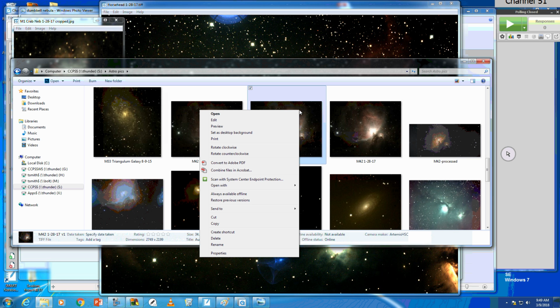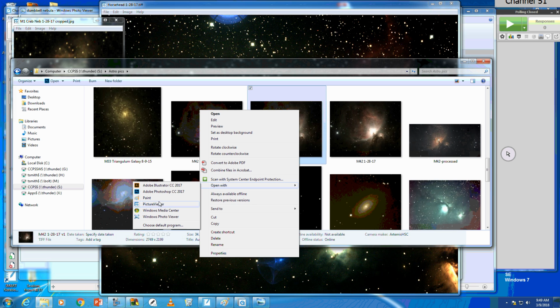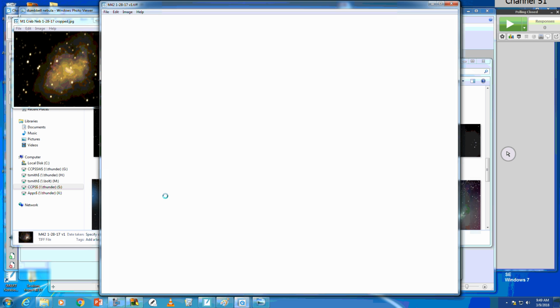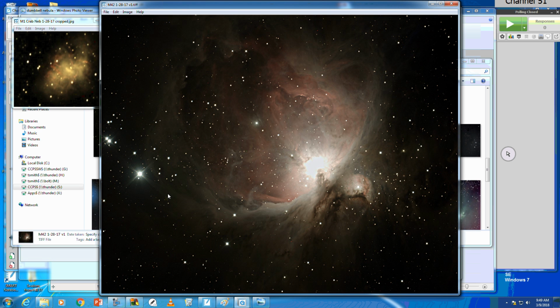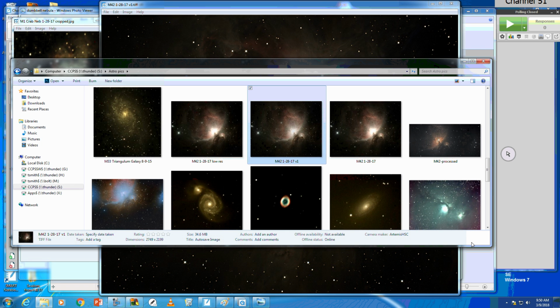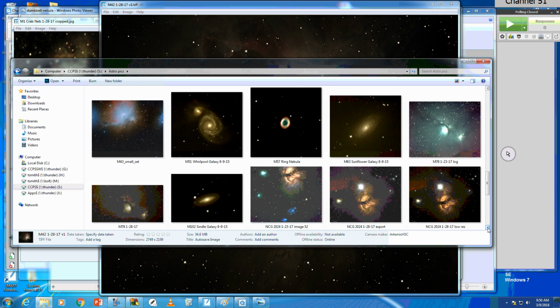This is an old image that I took, but it shows you a good example of color. So that's the actual true color. So you look in Orion's belt. It's in the Milky Way, so it's not out of our galaxy.